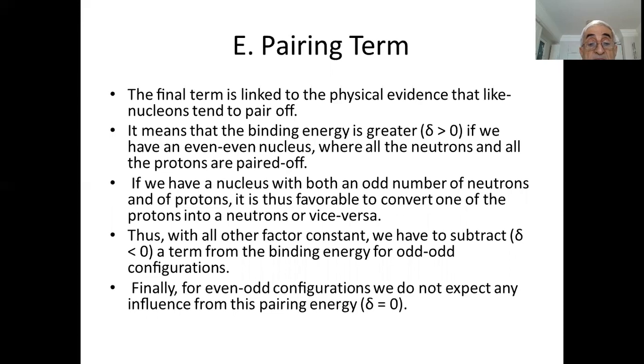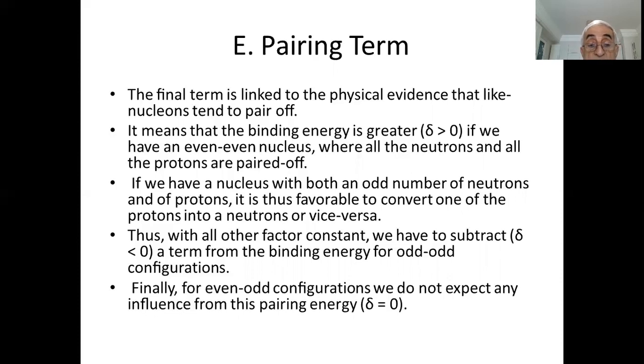Pairing term, the final term, is linked to the physical evidence that like nucleons tend to pair off. It means that the binding energy is greater, thus delta is positive, if you have an even-even nucleus, where all the neutrons and all the protons are paired off. If you have a nucleus with both an odd number of neutrons and of protons, it is less favorable to convert one of the protons into a neutron or vice versa.